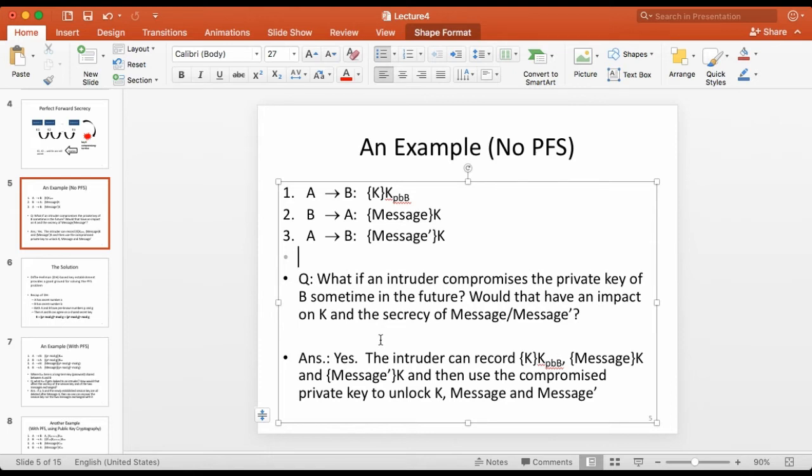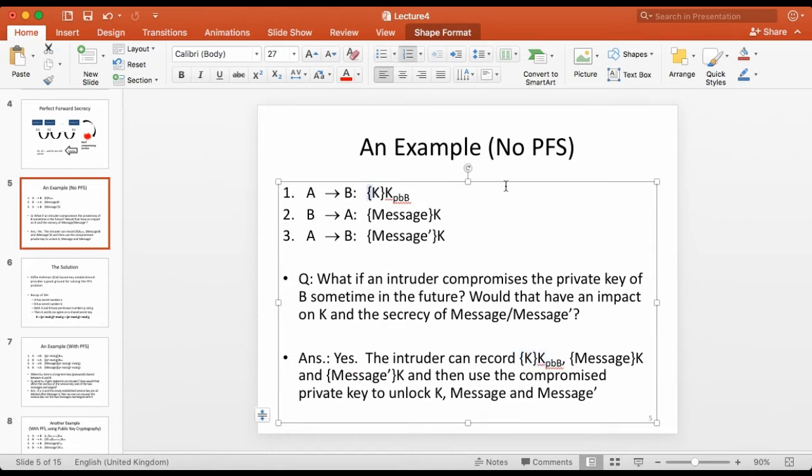So the answer to that is yes. There will be an impact, because if the intruder manages to steal Bob's private key, then the intruder also has access to, of course, the individual messages.